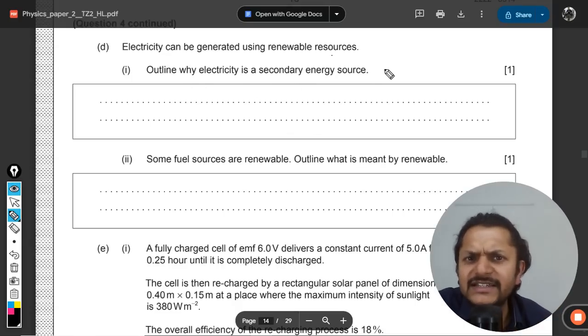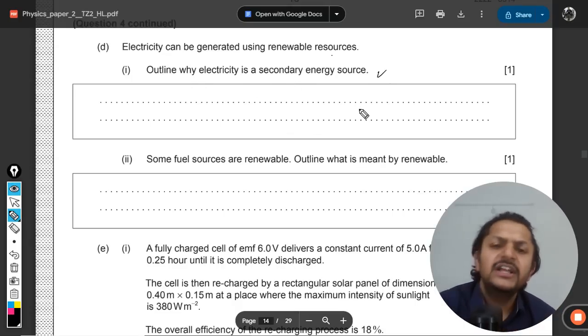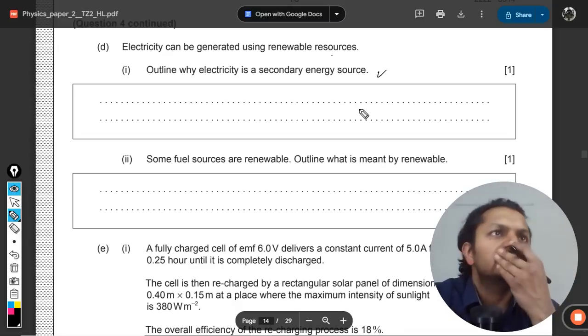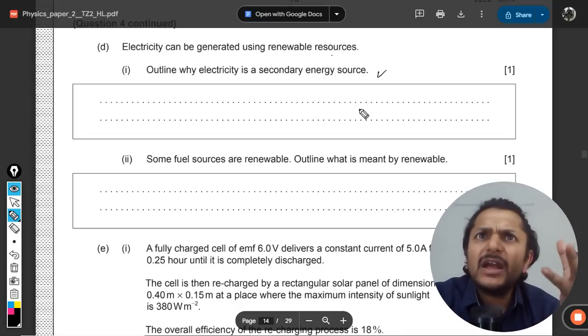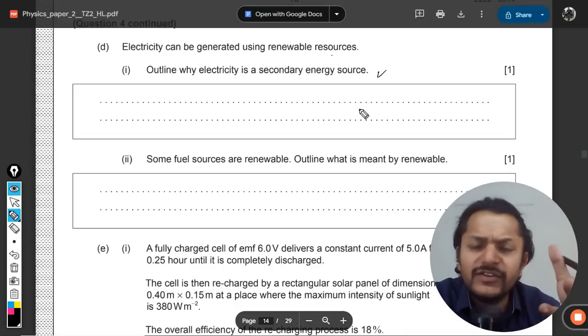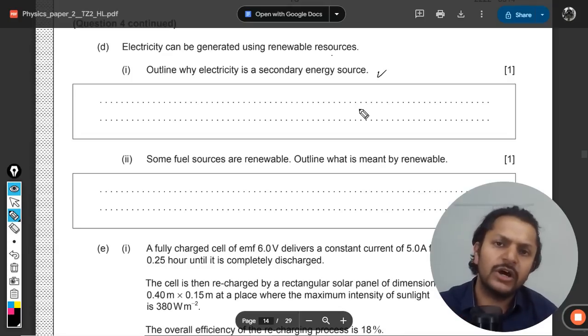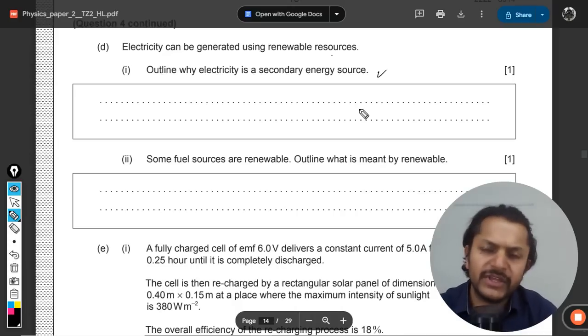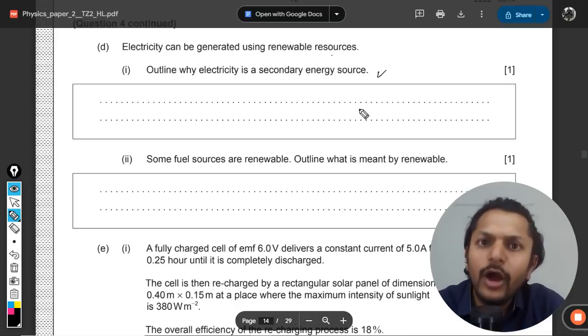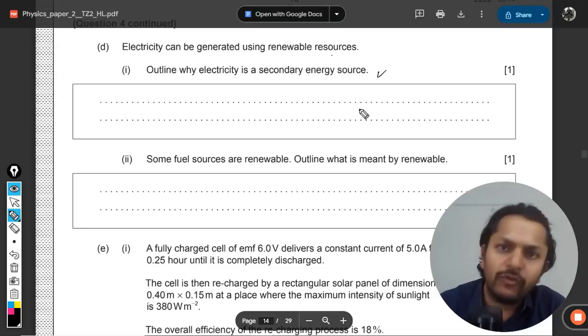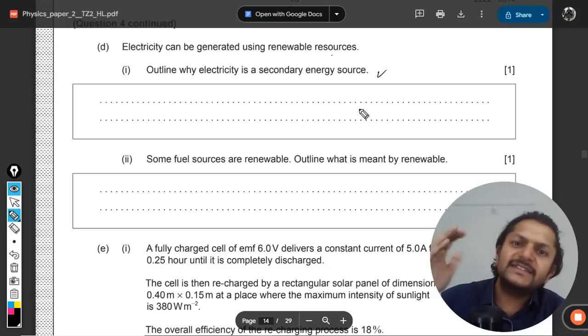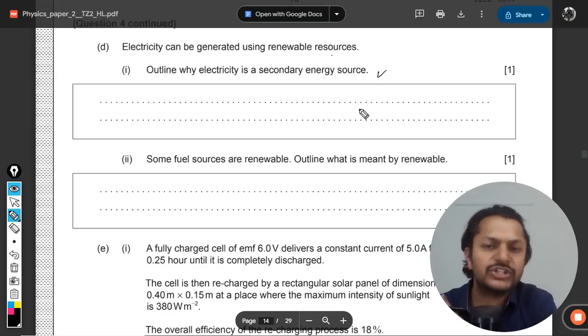Outline why electricity is a secondary source of energy. See, a secondary energy source. So primary is the one which does not need any refinement, and we can just get it out of the earth or something, and we can directly employ it for producing power. But electricity is secondary because you need processing for that.